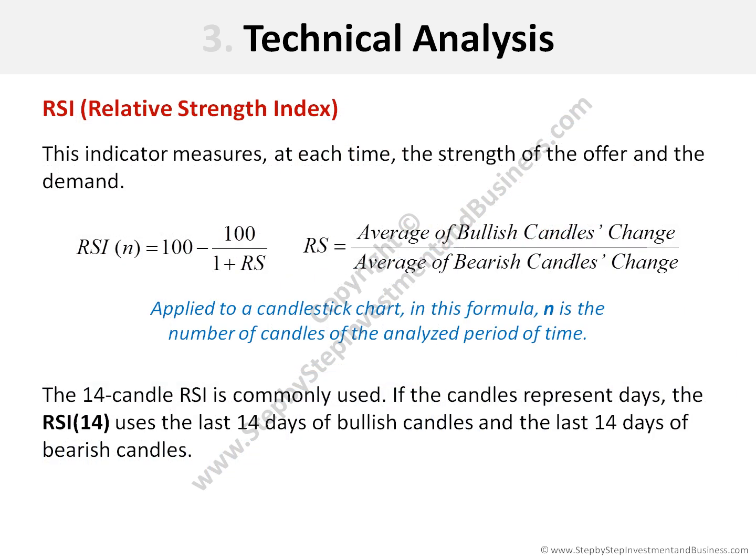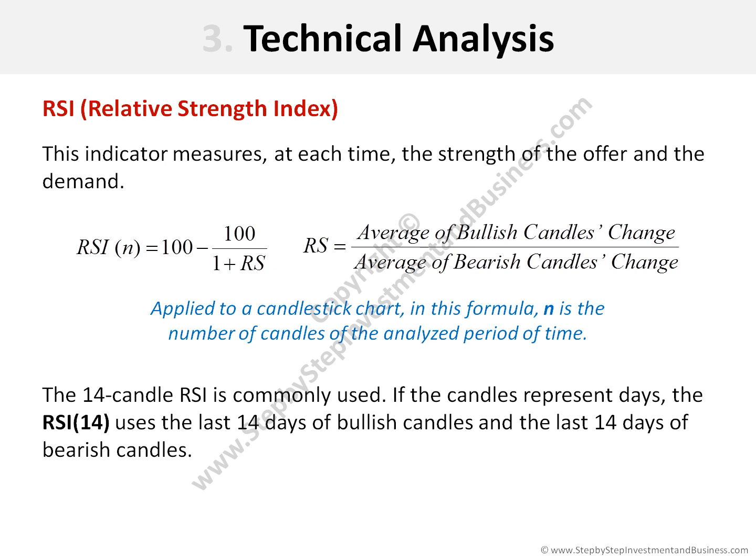Now, let's see the other indicator that interests us, the relative strength index or RSI. The RSI is an indicator that measures at each time the strength of the offer and the demand. Here's the equation used to obtain the RSI.